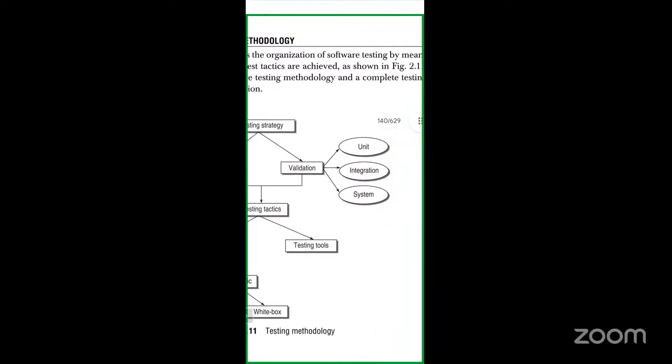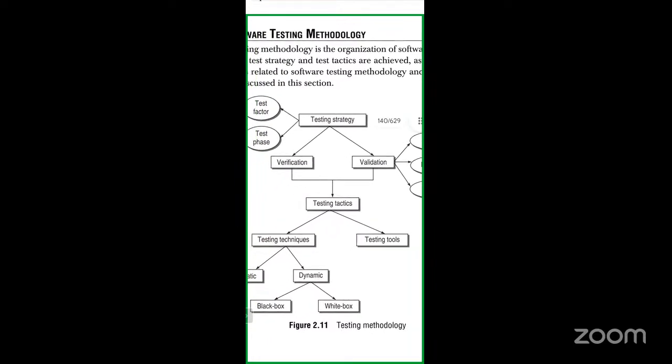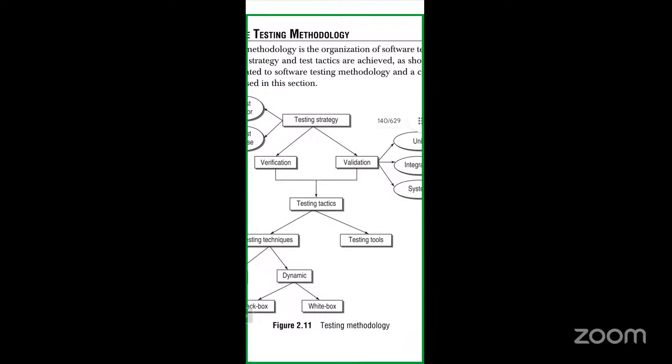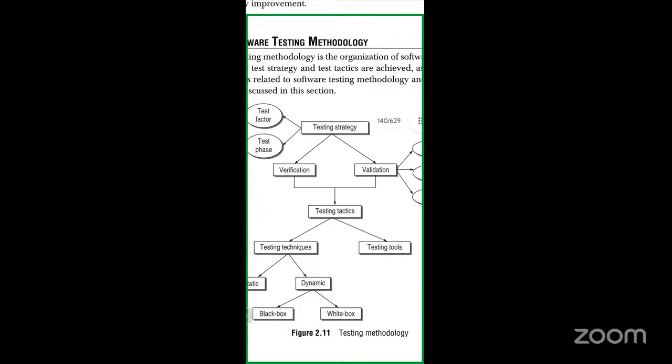In verification, we are going to have several features, and in validation also. Coming to validation, we are going to go for unit testing, integration testing, and system testing. Coming to verification, we simply verify whether it is perfect to fit in the modules or not. We check, and then we go for the next level of proceedings.